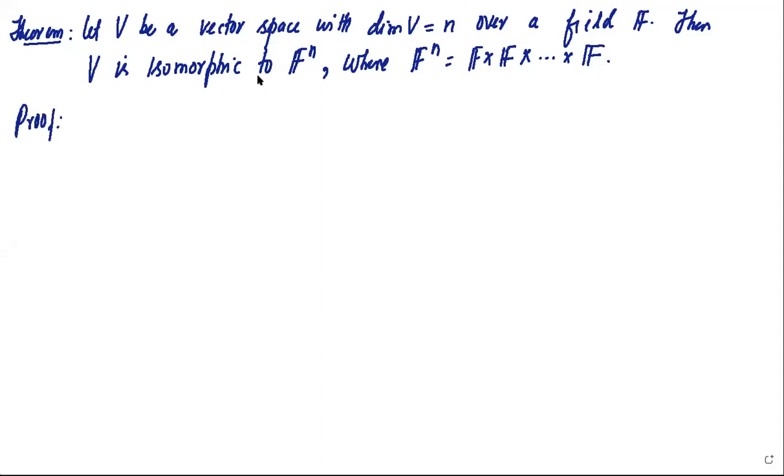Since we are given that V has dimension equal to n, it's a finite dimensional vector space over F. So we can choose a basis with cardinality n.